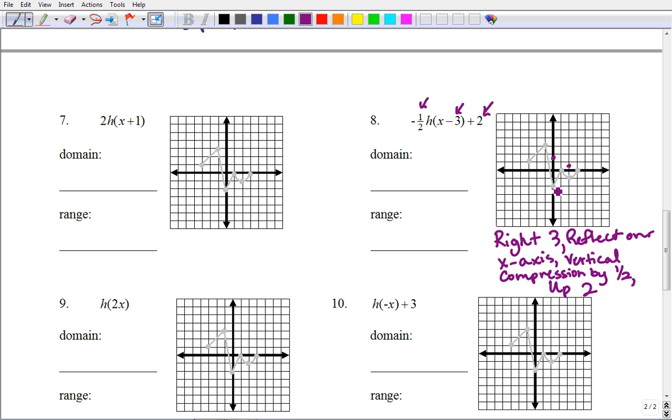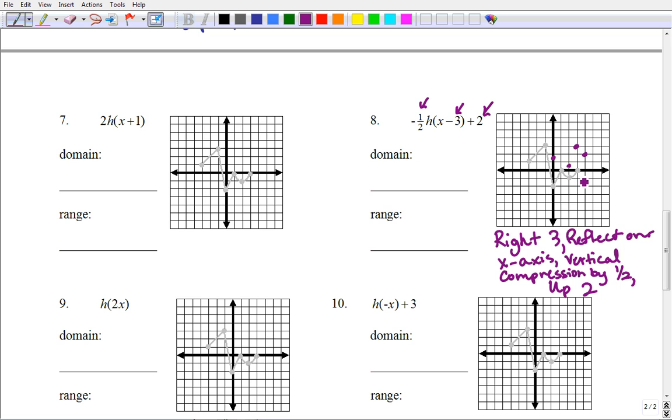The next point we have is right here. Its y value is at negative 2, in case you can't see. So we're going to go to the right, 1, 2, 3, reflect over the x-axis, multiply the y values by 1/2, and then move up 2. The next point, to the right, 1, 2, 3, reflect over the x-axis, won't change anything, multiplying by 1/2 won't change anything, but we can go up 2.